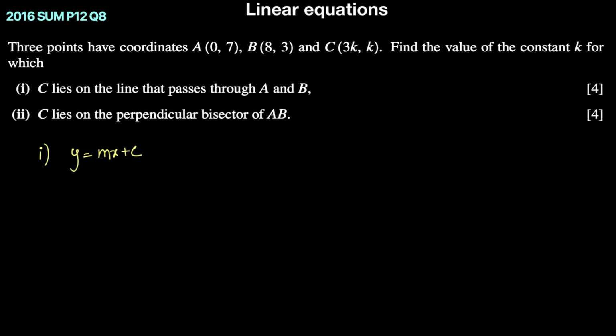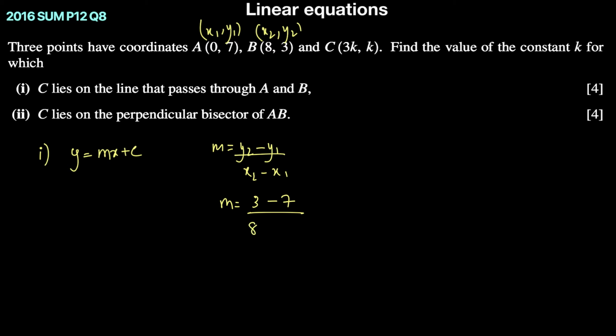And we know that the slope is m equal to y2 minus y1 over x2 minus x1. Let's take A as the point (x1, y1) and B as (x2, y2). When we do that, the slope m is equal to 3 minus 7, which is y2 minus y1, over x2, which is 8, minus 0.